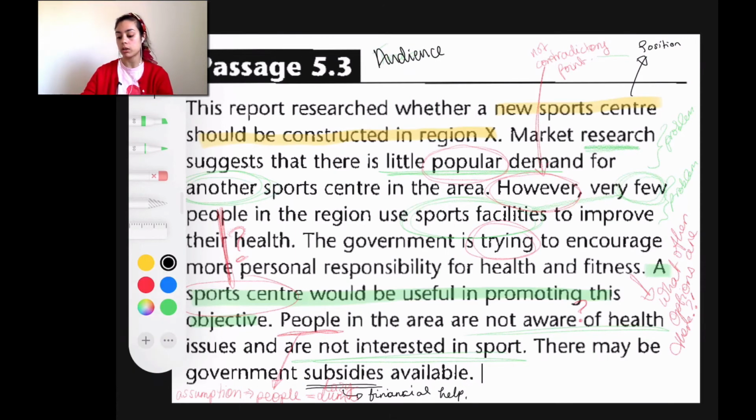Even though we've got lots of negative or against evidence, he is saying, well, a sports centre could be useful or would. It's not even could. It's would.